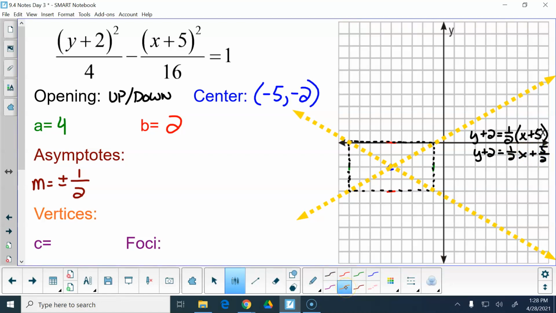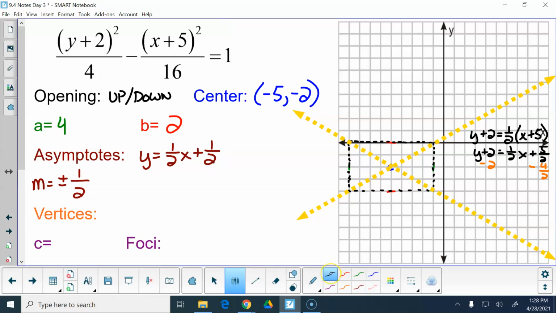Going to subtract off 2, which is 4/2. So that's going to give me the equation of my first asymptote: y equals positive 1/2 x plus 1/2.